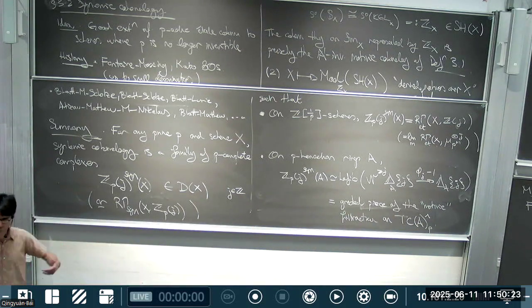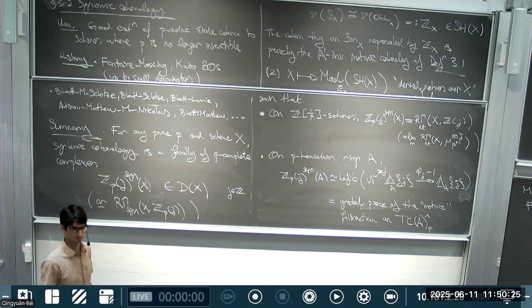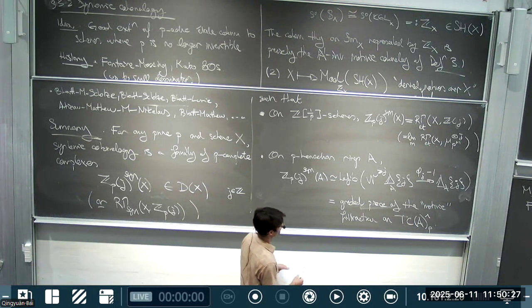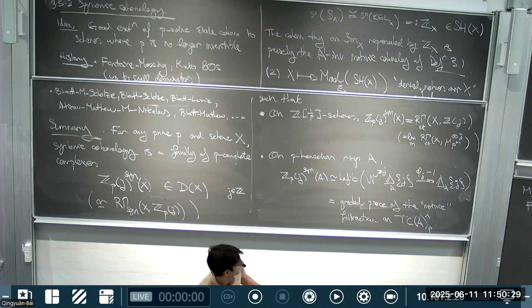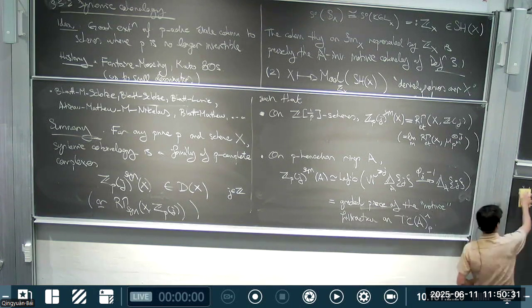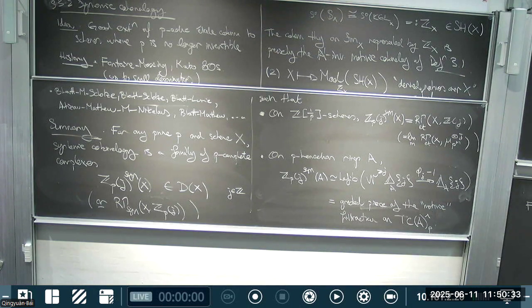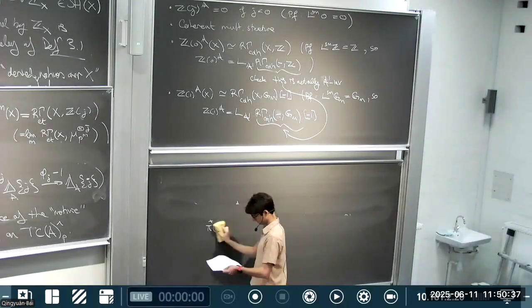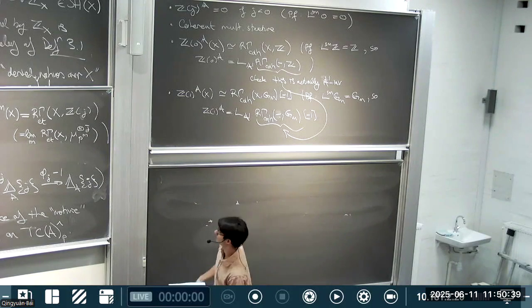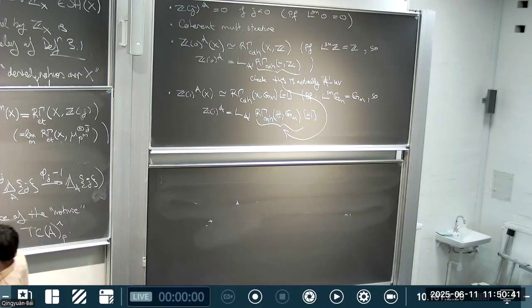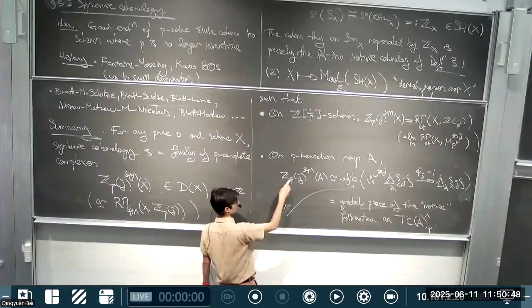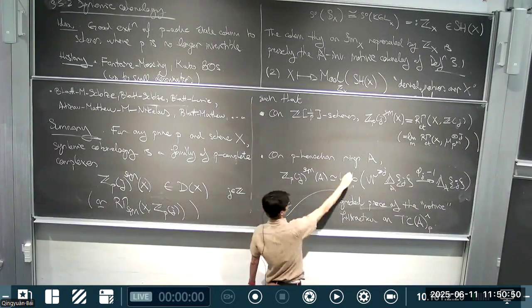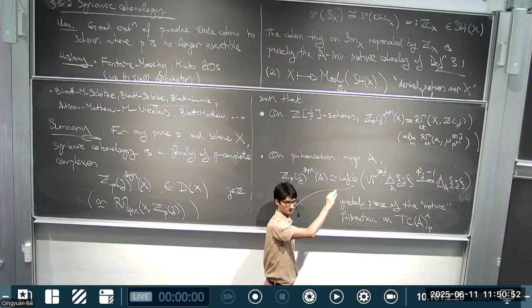From this motivic filtration point of view, that's the way in which this shows up. And so this is useful because it implies that in this P-Hanselian case, for example, you can imagine that the P is 0 in F.